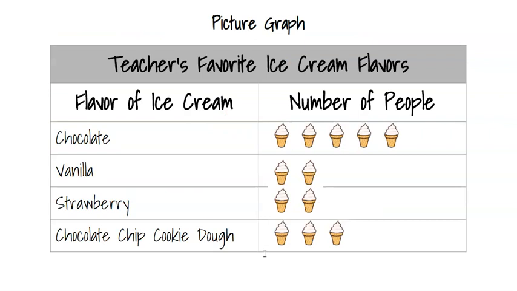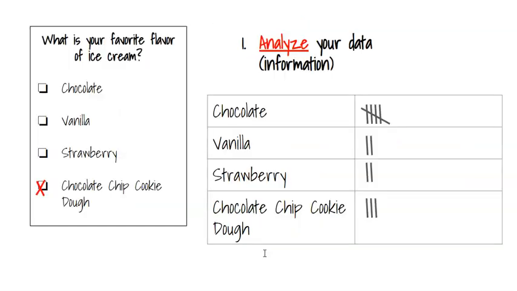Then you are going to take that information and put it into a picture graph or a pictograph. Right here we have a picture graph. So before, I just had the number of people that liked each flavor in tally marks.